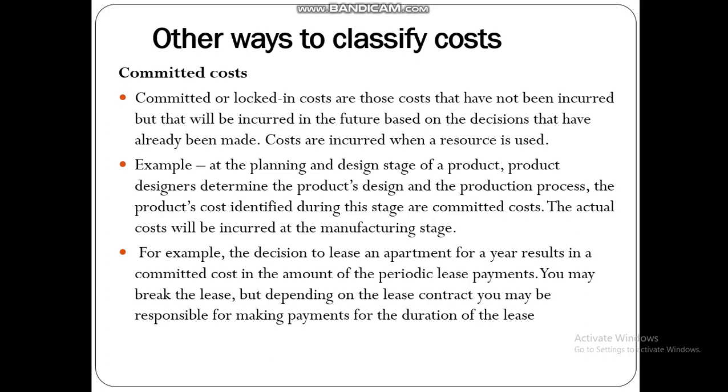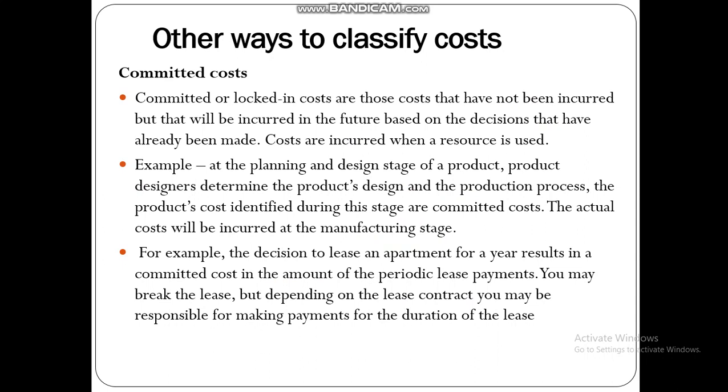The next one, committed cost. Committed cost is a locked-in cost, those costs that have not been incurred but will be incurred in the future based on decisions that have already been made. This cost is incurred when a resource is used. An example here is the planning and design stage of a product.